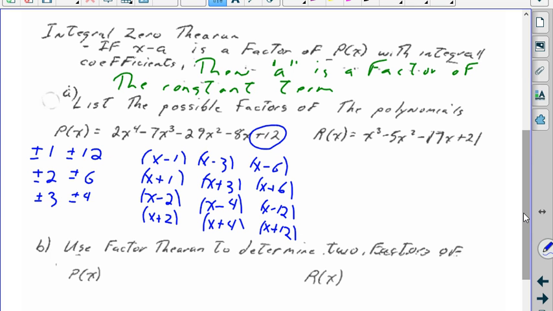So those are the possible factors. Those are the ones that we want. We want to find one of those to be able to factor out my system.